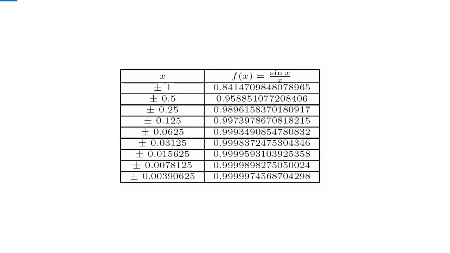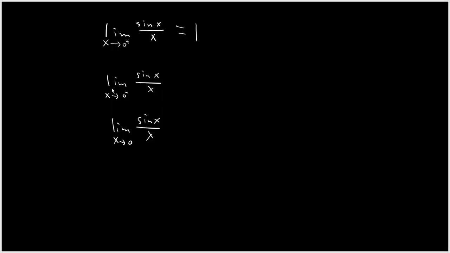So the limit of the function as x approaches 0 from the left is also 1. From the first two equations, the two one-sided limits are equal to 1. Because the two one-sided limits are equal, the limit of the function as x approaches 0 is equal to 1. Okay.